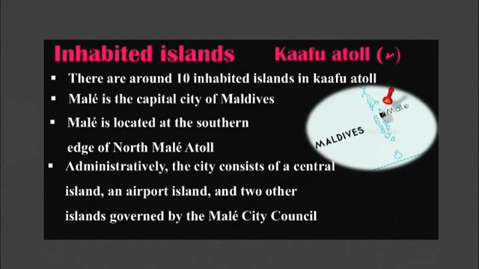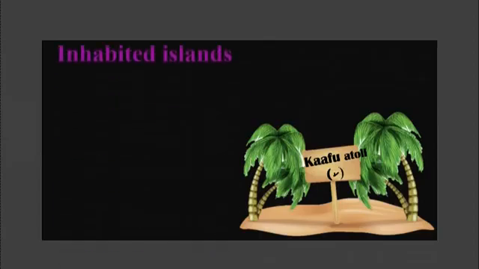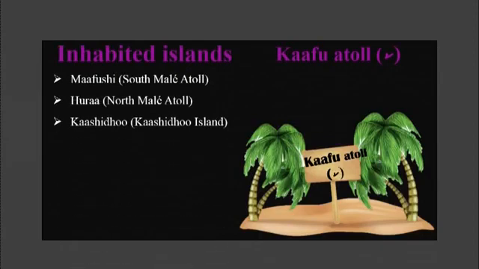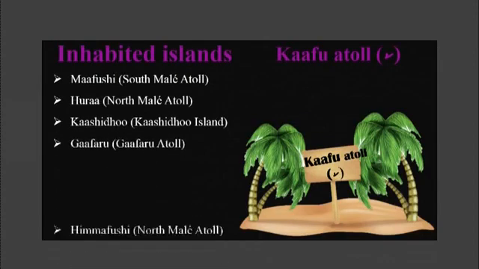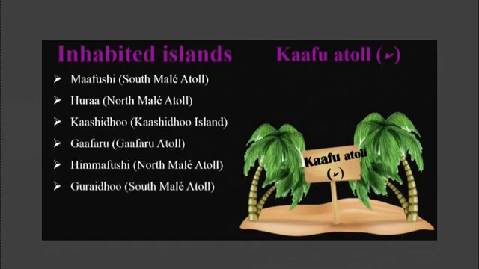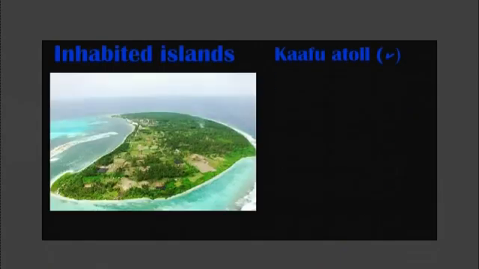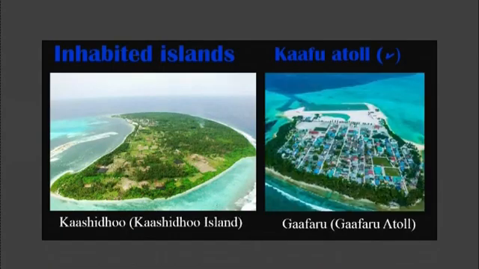And the inhabited islands in Kaafu Atoll are Maafushi, Huraa, Kaashidhoo, Dhiffushi, Himmafushi, Gulhi, Thulusdhoo, and Guraidhoo. Here is a beautiful picture of Kaashidhoo Island and the Dhiffushi Island.